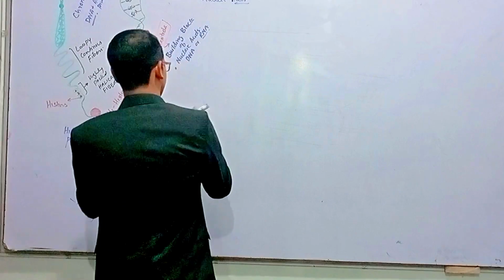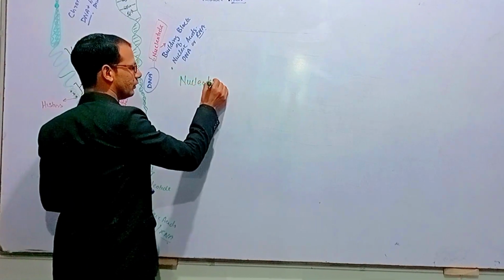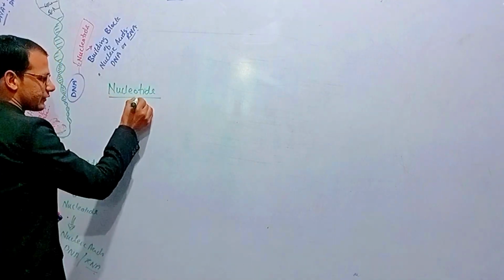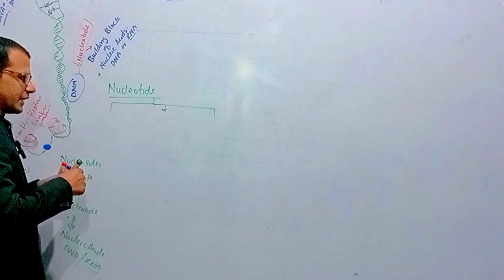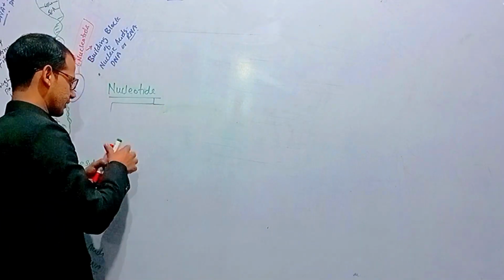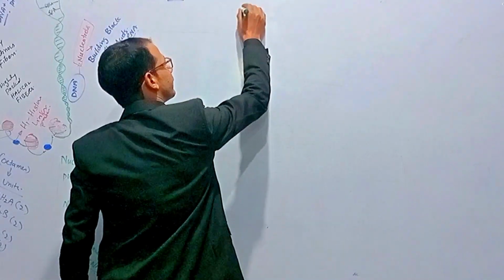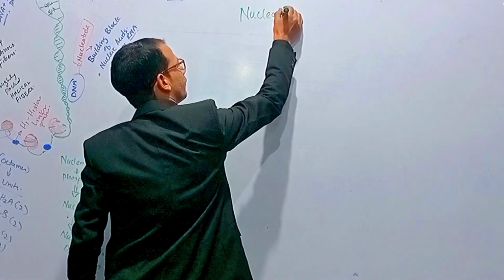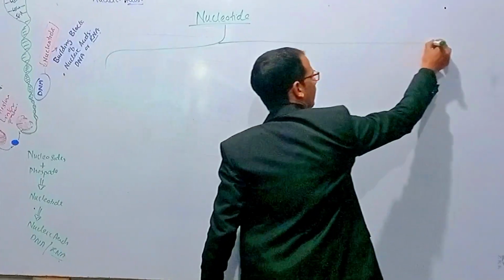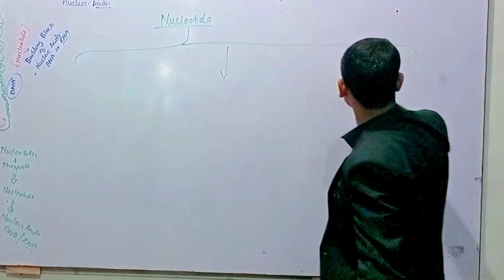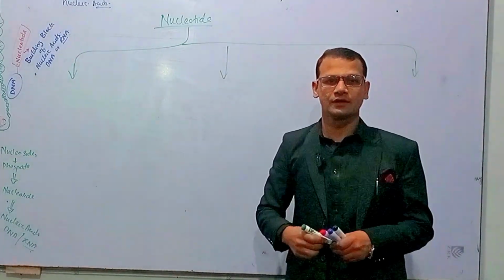So nucleotide is formed of 3 things. Nucleotide has 3 components, right? For example, this is a nucleotide. Nucleotide is composed of 3 units, or 3 structural components make one nucleotide, right?